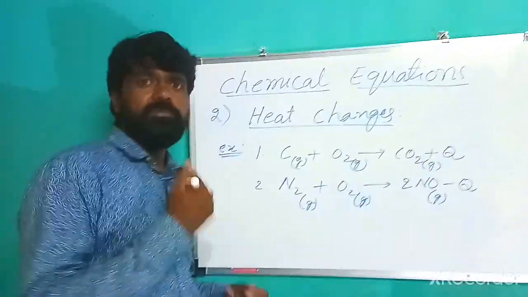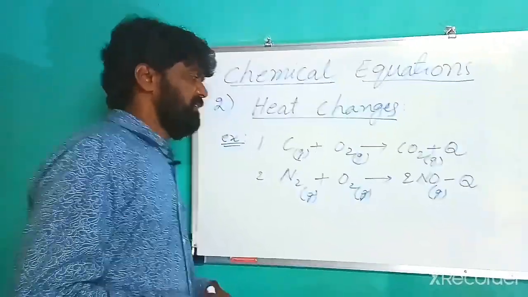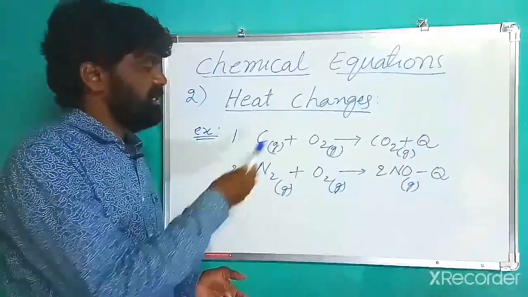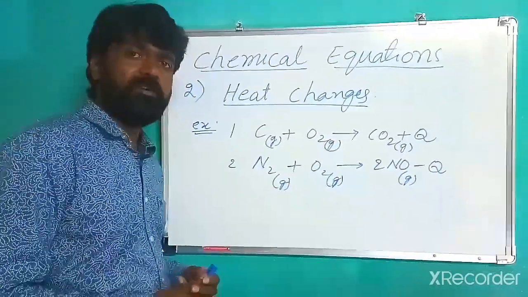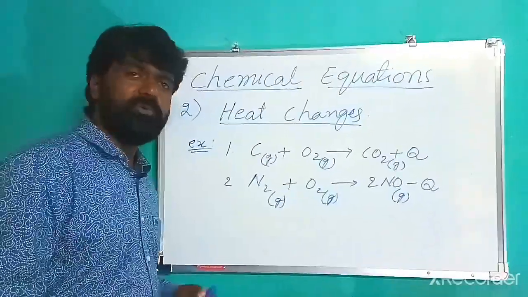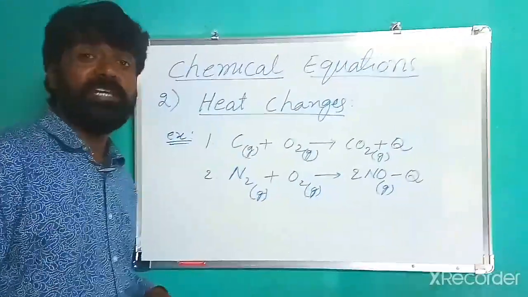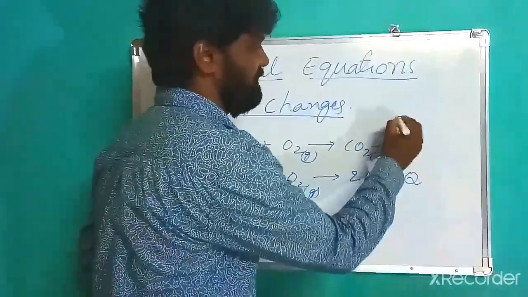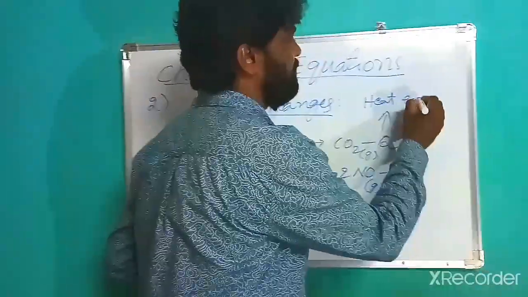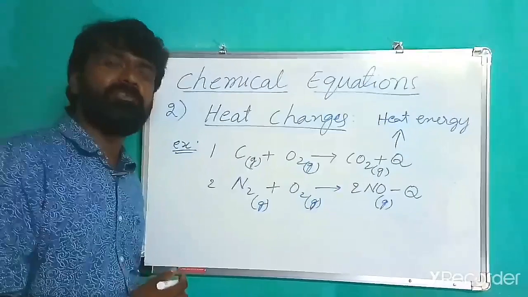Now come to the second one, expressing heat changes. Observe these two examples. The first example is carbon plus oxygen gives carbon dioxide plus Q, and in the second example N2 plus O2 gives 2NO minus Q. What is Q here? Q means heat energy. And what about plus Q and minus Q?